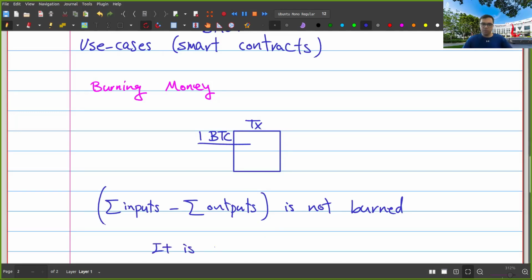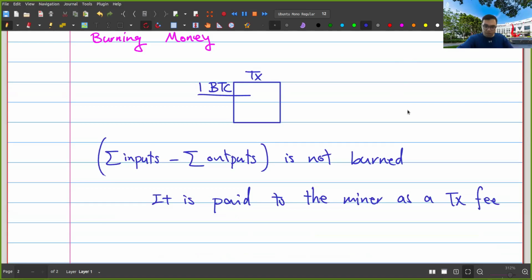It is paid to the miner. Okay. So this is not a good way of burning money, because technically, well, you lose your money, but the money is not burned. The money is just transferred to the miner.